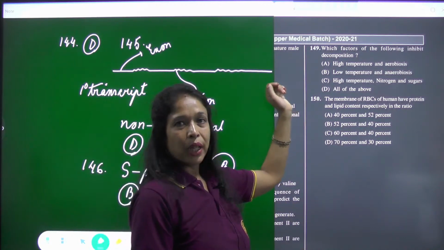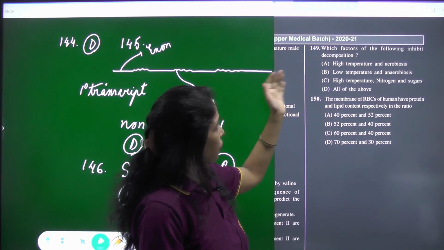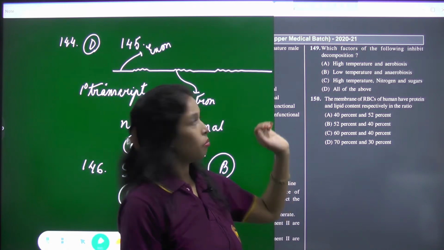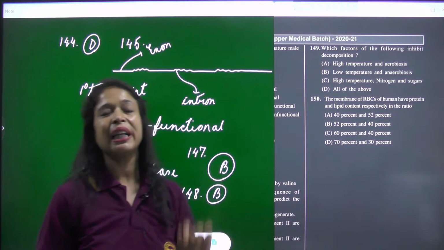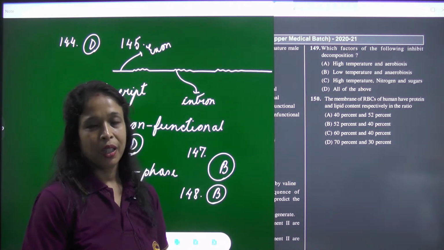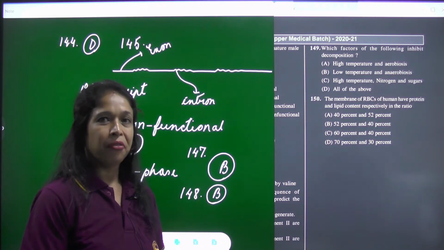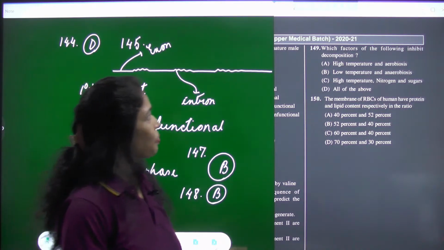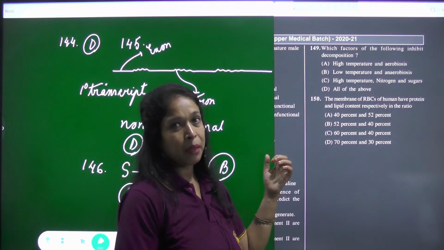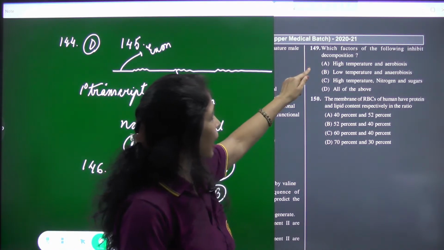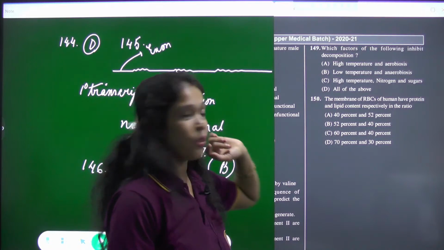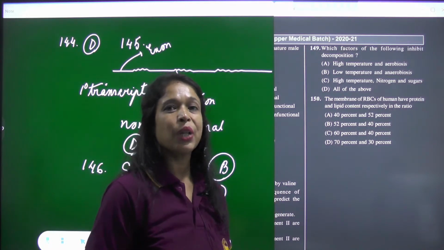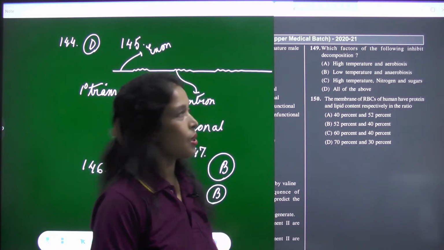Question number 149, which of the following factors will inhibit the decomposition process. So this is an ecological function, decomposition. First, high temperature and aerobiosis: this will induce the decomposition process.